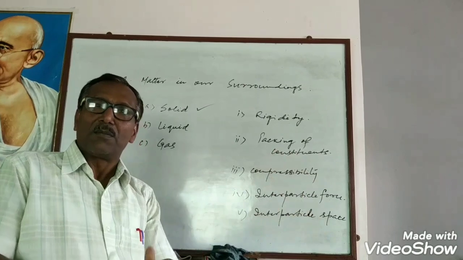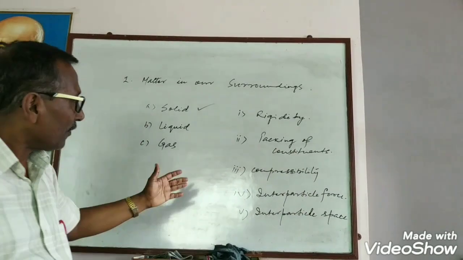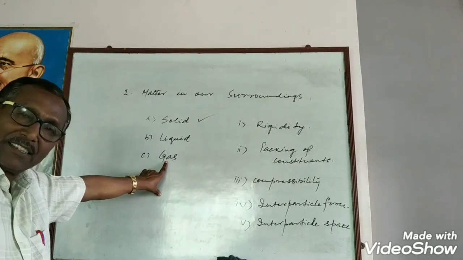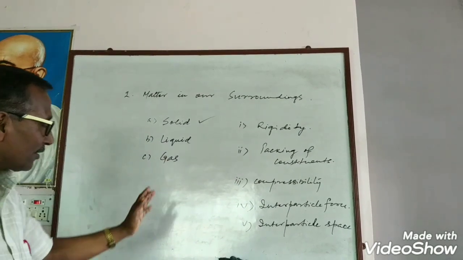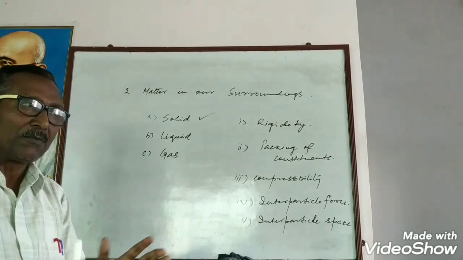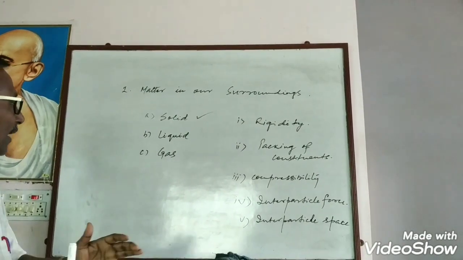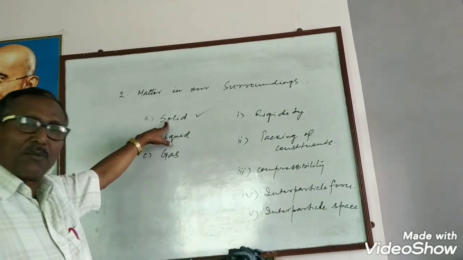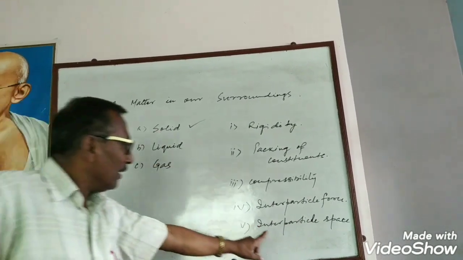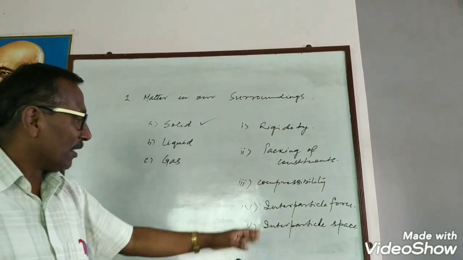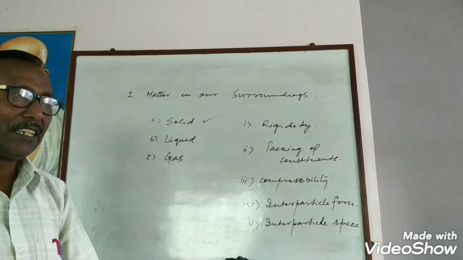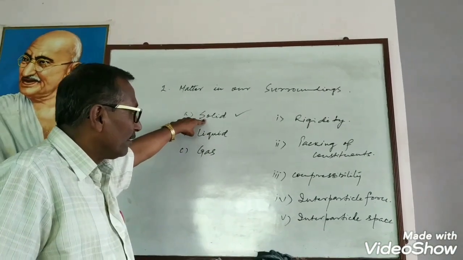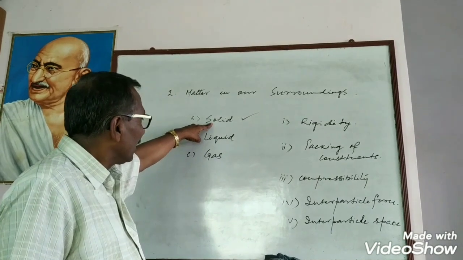They can be compressed by applying a force, because in gaseous matter particles keep apart from one another at large distance, but in case of solid, this interparticle distance is very less, so it has least compressibility.